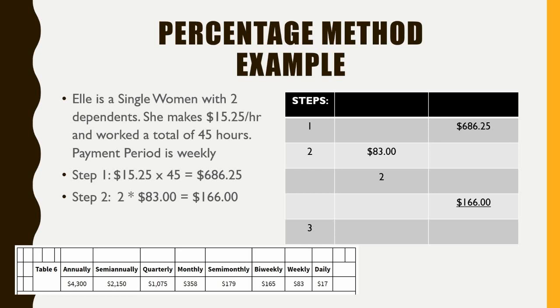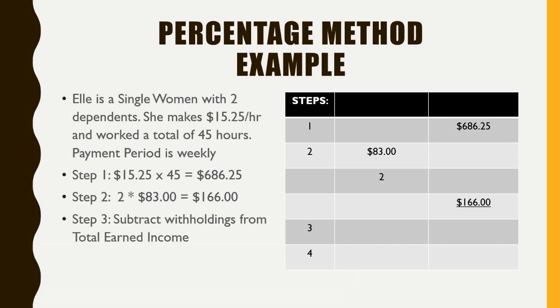Okay? And step 3 is you're going to subtract your withholdings from your total amount that you earned to get a total amount of taxable income. All right? So in this case, what is my $686.25?